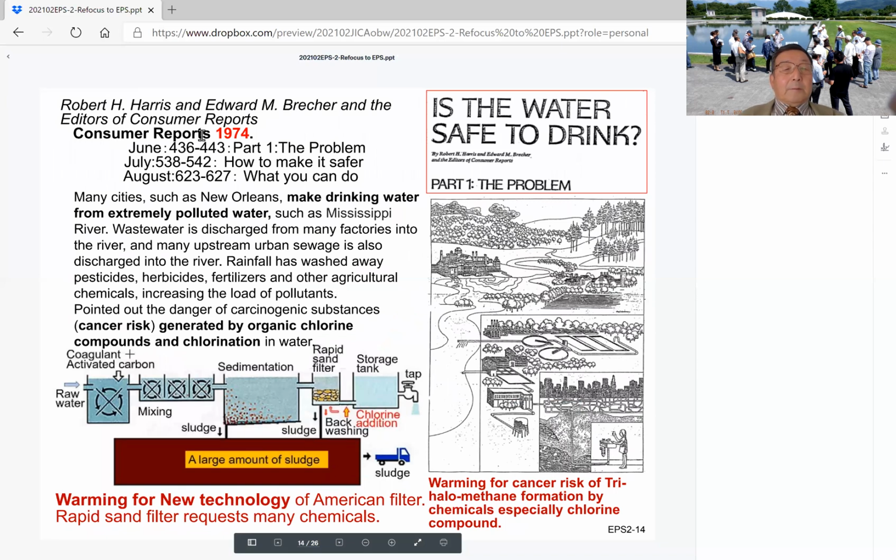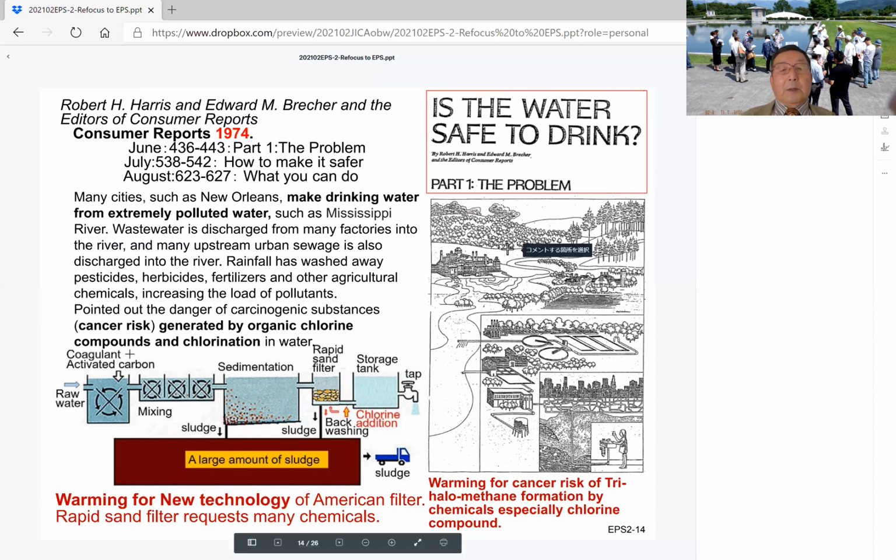And this is a famous report by Robert Harris and others in 1974. This is about the cancer problem. It is very famous and very popular. Many cities, such as New Orleans, make drinking water from extremely polluted water.